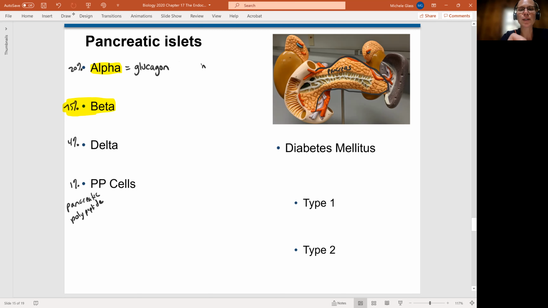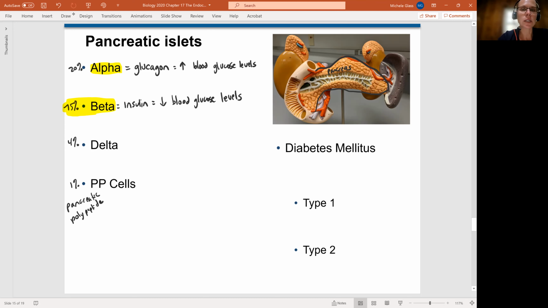Sorry, I was reading my notes wrong. Glucagon is going to be involved in increasing blood glucose levels, whereas the beta cells are going to be producing the hormone insulin, and insulin is going to be involved in reducing blood glucose levels.